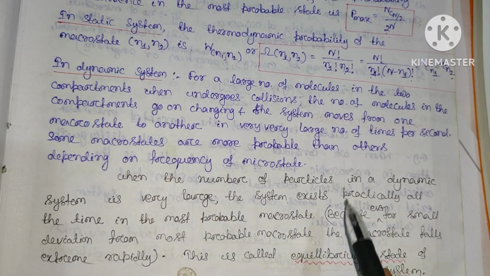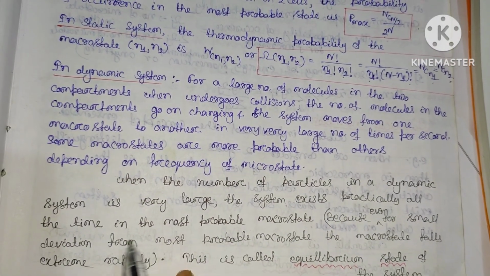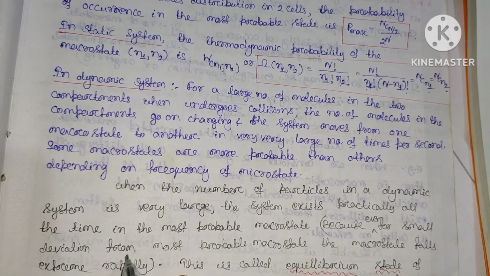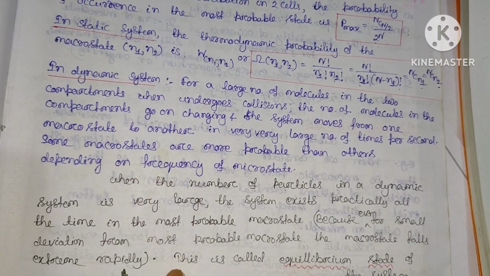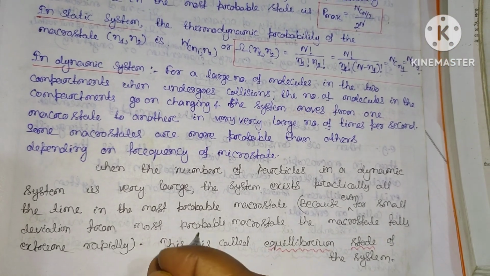When the number of particles in a dynamic system is very large, the system exists practically all the time in the most probable macrostate, because even for a small deviation from it, the number of microstates falls extremely rapidly. This is called the equilibrium state of the system.